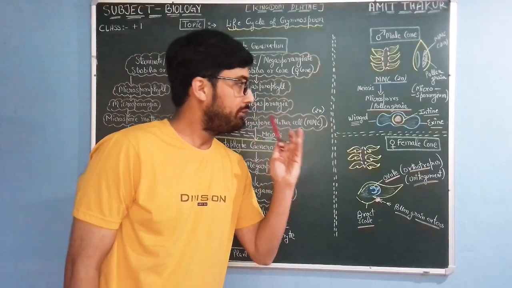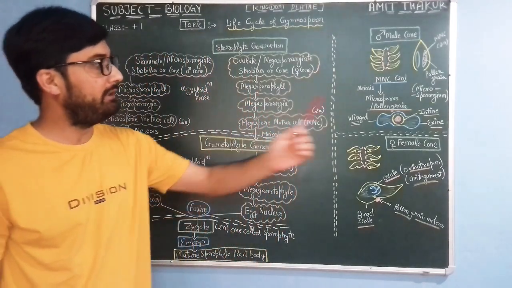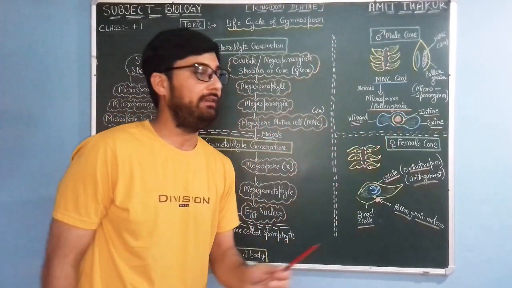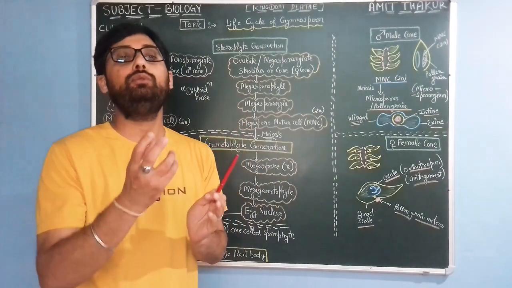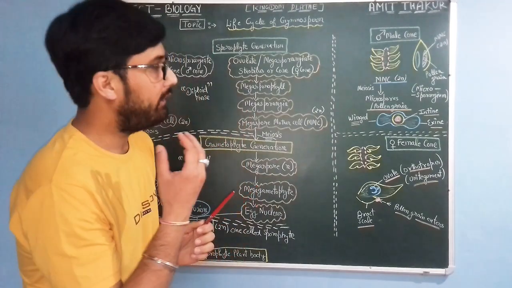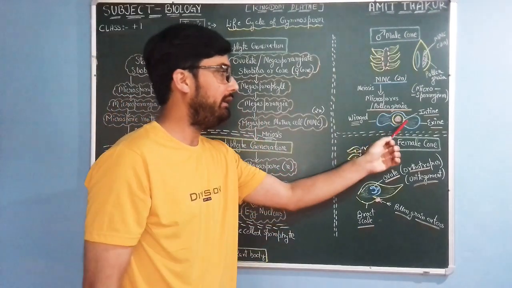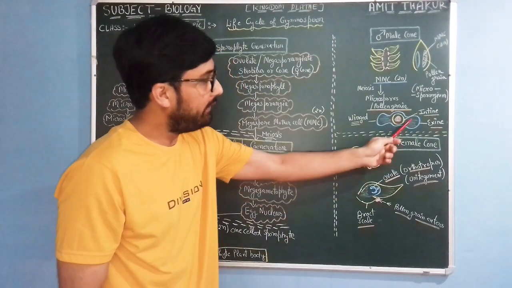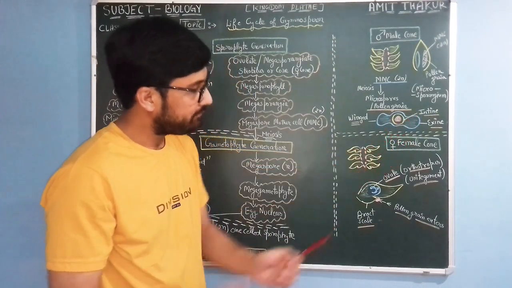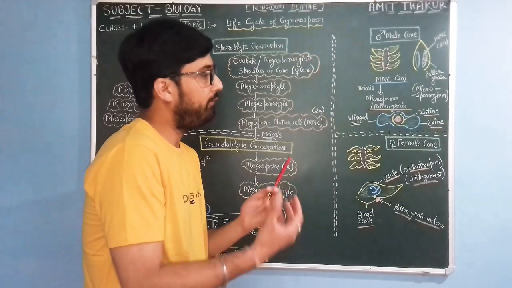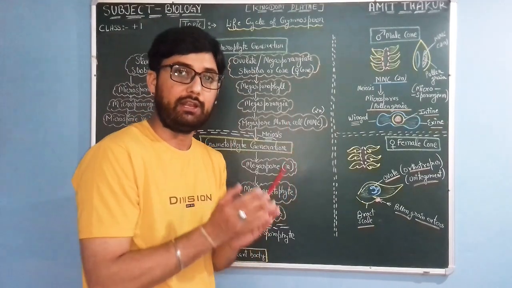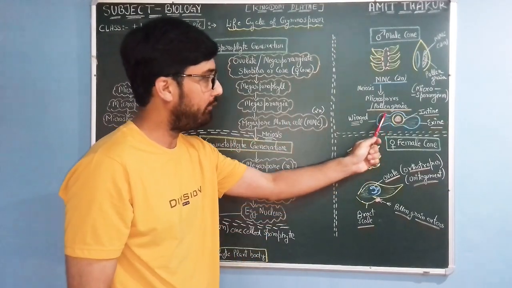This pollen grain, or the male gamete, is covered by two layers: the external exine layer and the internal intine layer. The external exine layer is modified into a wing-like structure. Here you can see the wing-like structure.